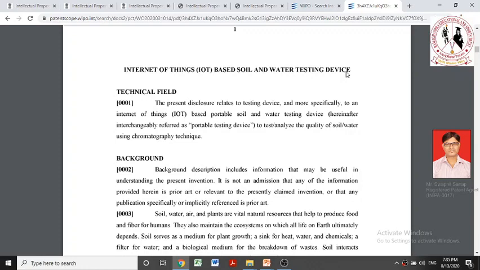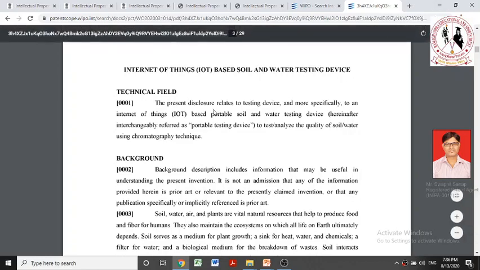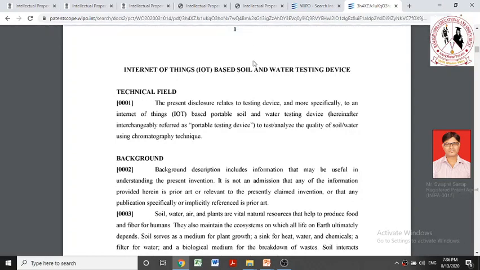Here they have come up with an IoT based soil and water testing device which will help people test the parameters or features of water and soil. This is the title of the invention. The title that we just discussed should be clear and concise.